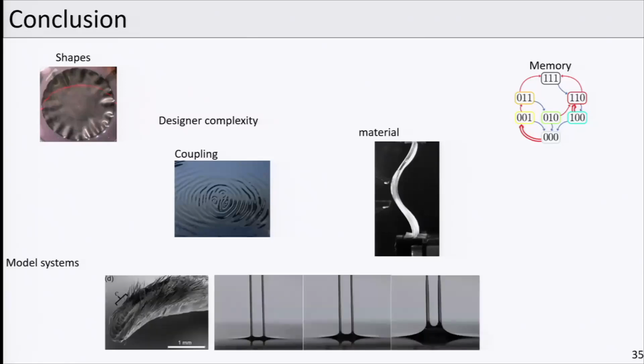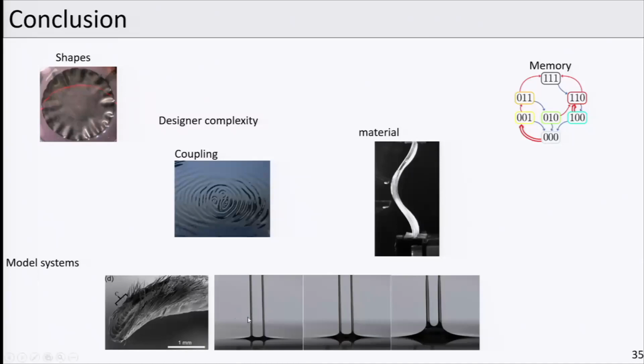And finally, one last aspect, which is what I'm doing at the moment in Brussels, is to couple these elastic structures, these slender structures, with another ingredient, in that case, a liquid. This is something I do at Université libre de Bruxelles.